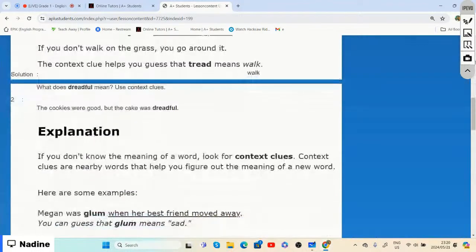The cookies were good, but the cake was dreadful. What do you think, without knowing the actual meaning of dreadful? What do you think the clue within that sentence is that will tell us what the meaning of dreadful is?